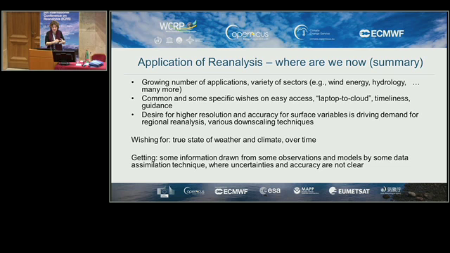What we get from the reanalysis is that we draw information from some observations and models by some data assimilation technique, where uncertainties, or whatever measures you use to describe your accuracy, are not clear. And there was a discussion on what needs to improve and what's the most important bit. We need maybe more than just some observations and models, or maybe also some more from the data assimilation techniques, to get closer to our true estimate of weather and climate over time.